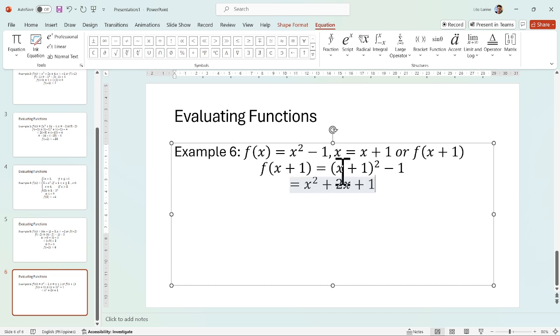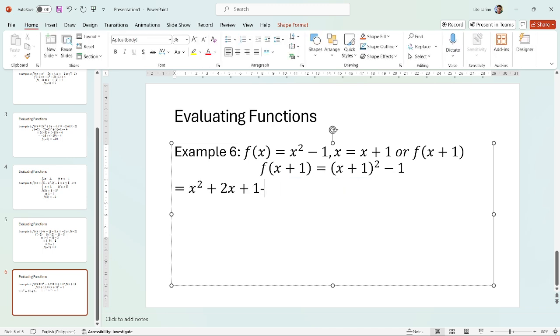Thus, the square of x plus 1 is equal to x squared, square the first term, plus twice the product of the terms. The terms are x and 1. x times 1 is x, twice it is 2x, and then square the last term. 1 squared is 1, then we have minus 1.